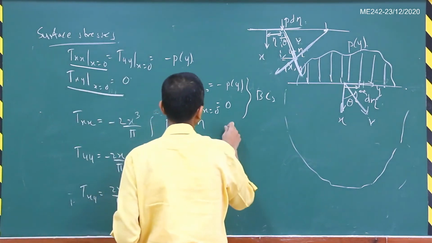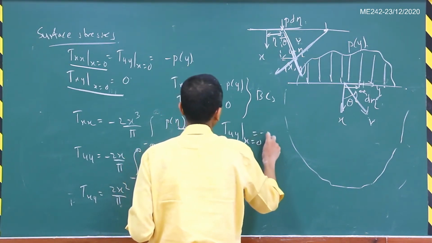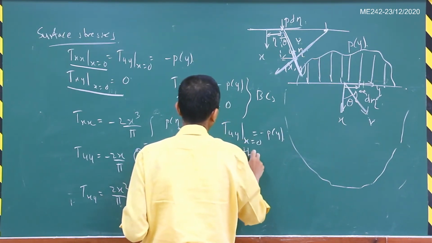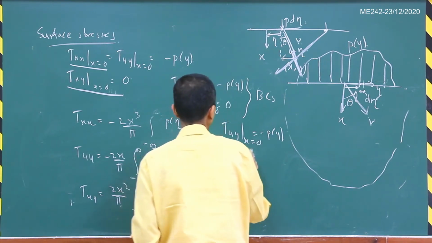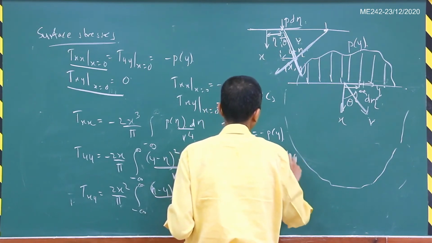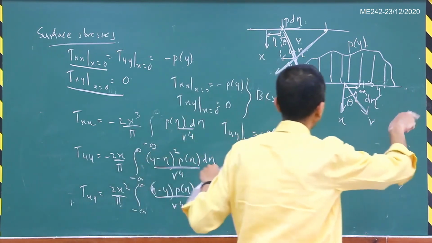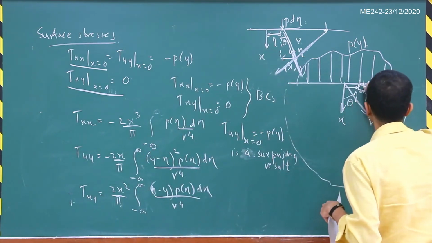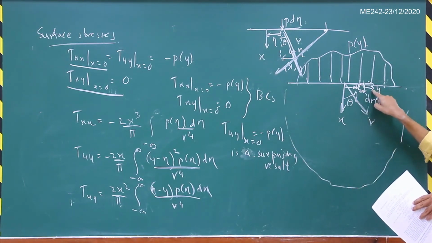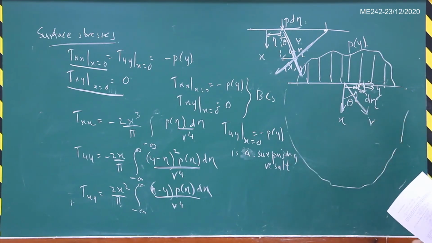This tau yy at x equal to 0 is equal to minus p of y is a surprising result, because what we are saying is that tau yy, the stress in this particular direction, is going to be the same as whatever load you are applying. So that is a surprising result that comes out of this.